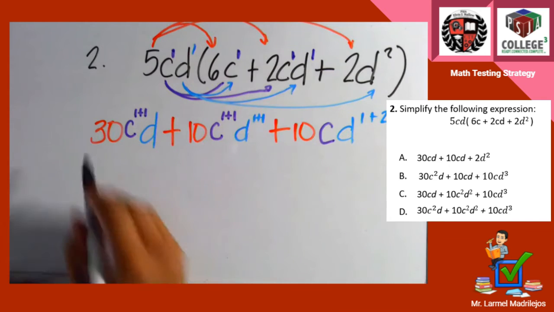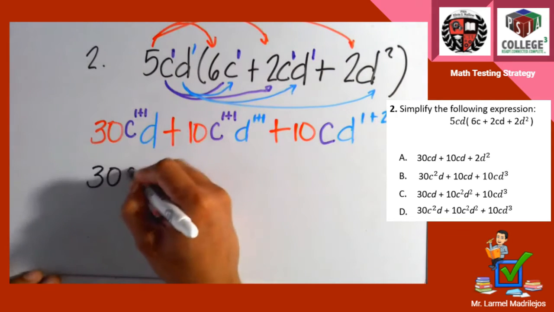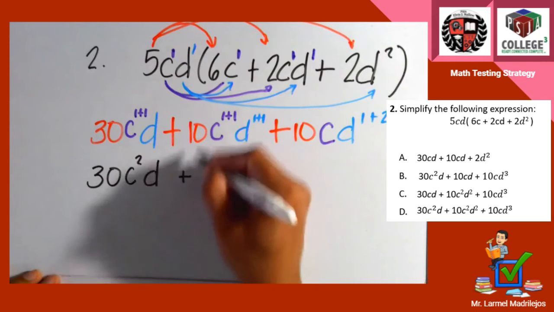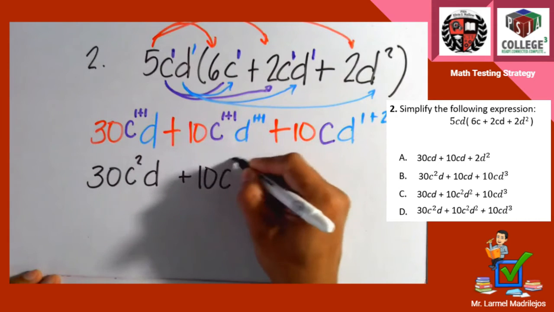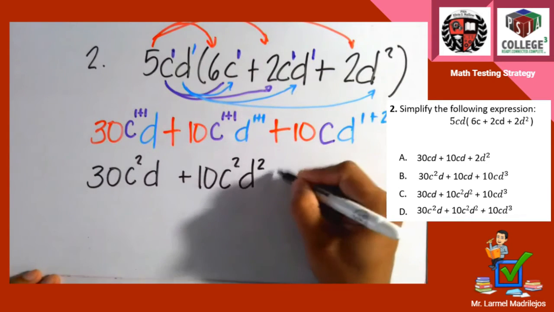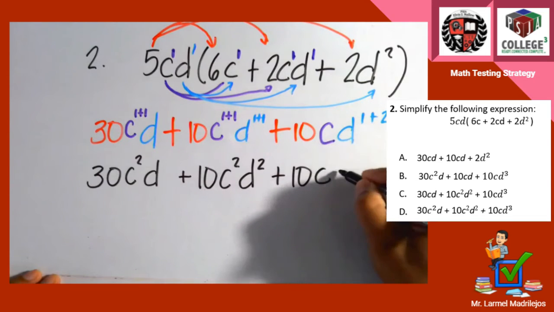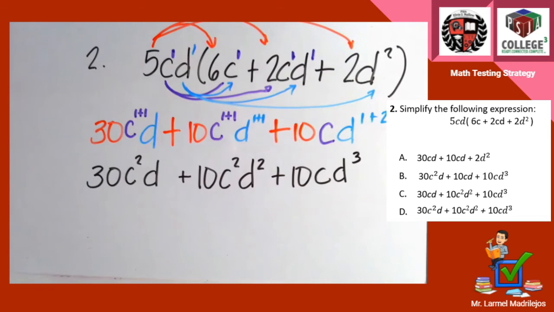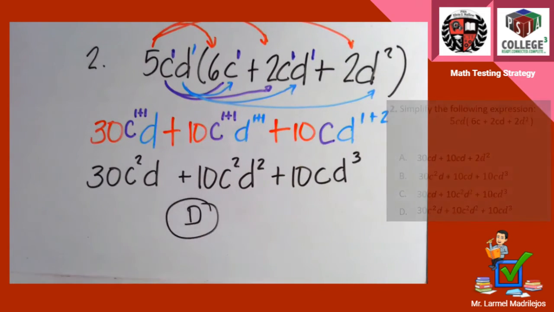I already got the 30 here. This is 1 plus 1, it's C squared, and I'll write D, plus 10. I have 1 plus 1 there, C squared. I have 1 plus 1 for D squared, plus 10C. I have 1 plus 2, which is going to be D to the cube. Okay. The answer is letter D.